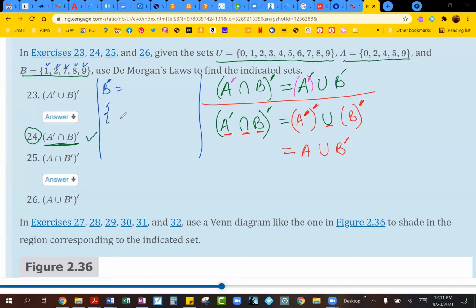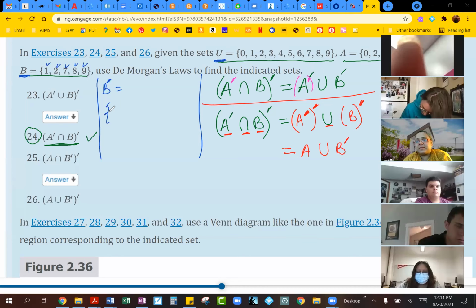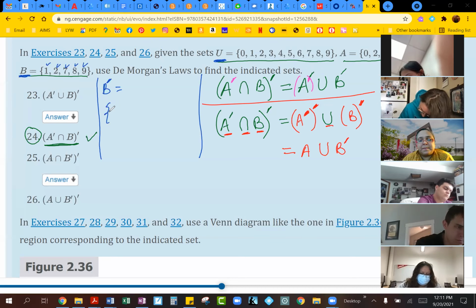I'll give you a few seconds to come up with what B complement is. Just have your answer ready, and you'll share it in the chat. Look at what's part of the original B set, what's part of the universal set, and based on that, what your B complement set should look like.